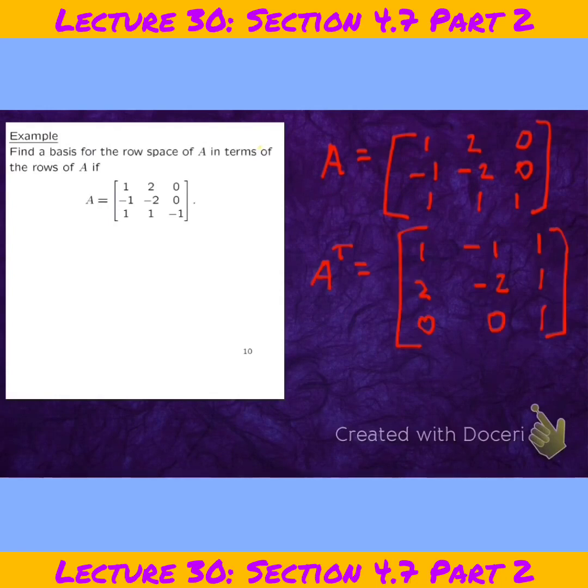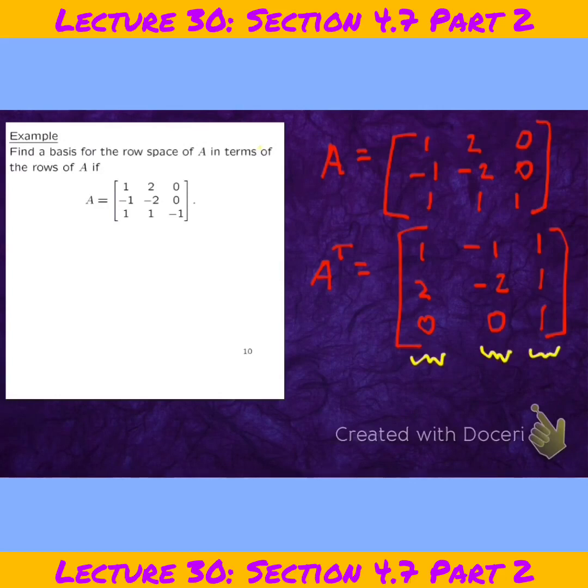Alright, so there we've got the matrix A, and let's look at the transpose. There's the transpose. Now we want to find the space that's spanned by the actual column vectors, right?